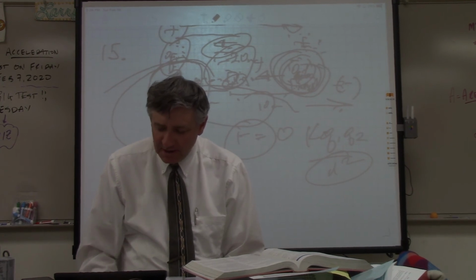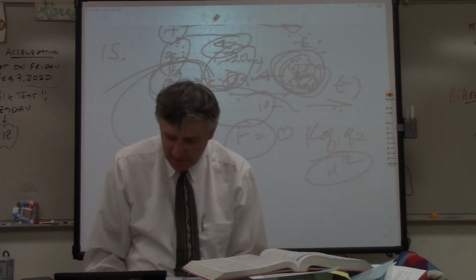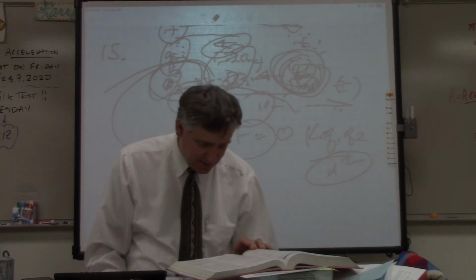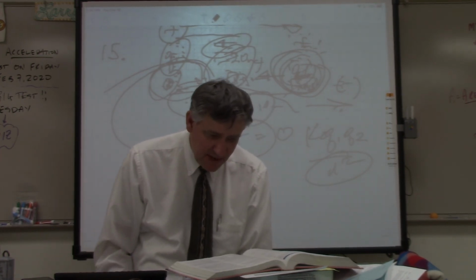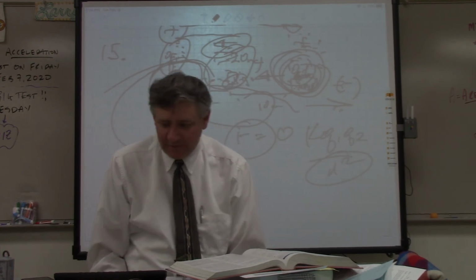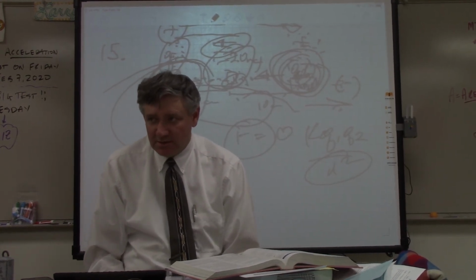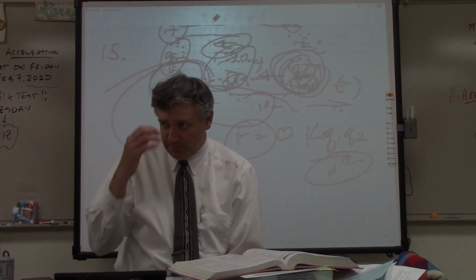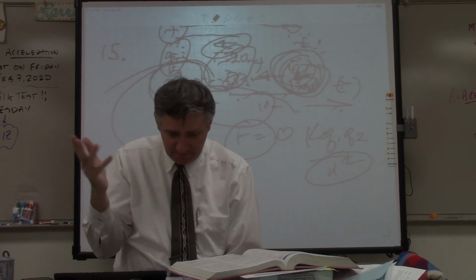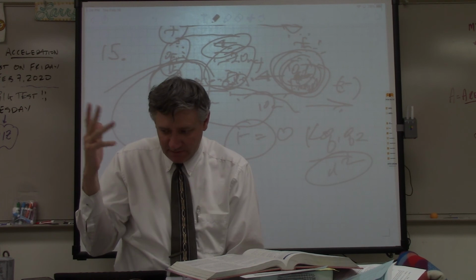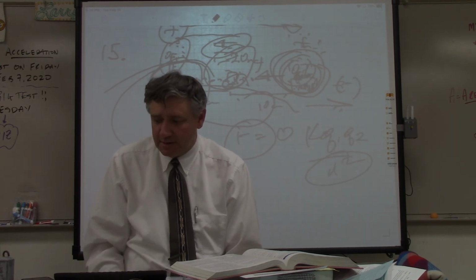Now, make sure on problem number 16 out of the book that there's a couple of things you need to specify. It says, what's the magnitude and the direction of the electric force on each? So you need to specify both of those. You can say, is it up, is it down, left, right, positive y, negative y, something like that, okay? Just somehow specify it.